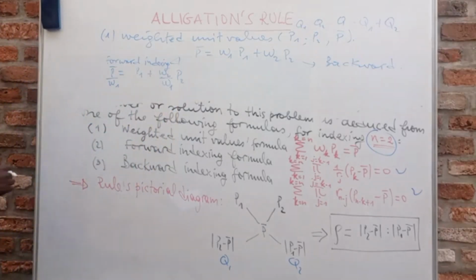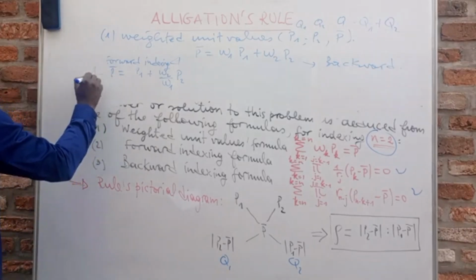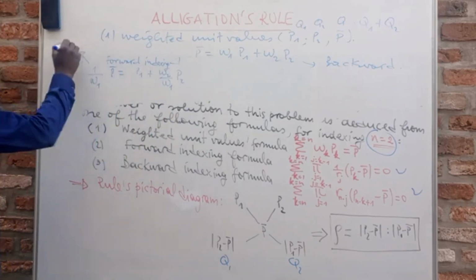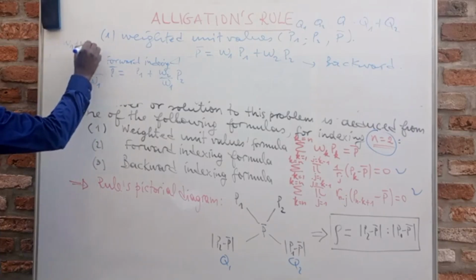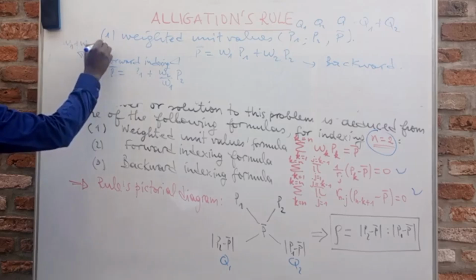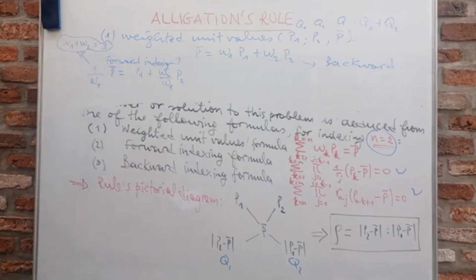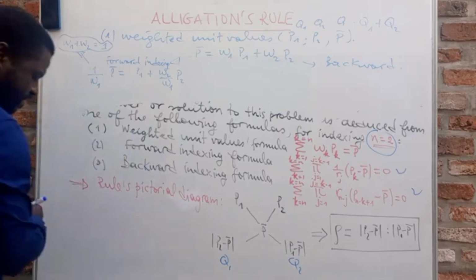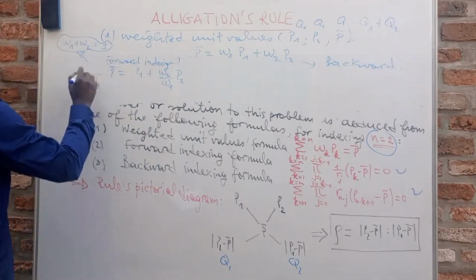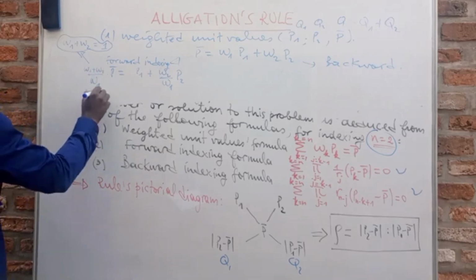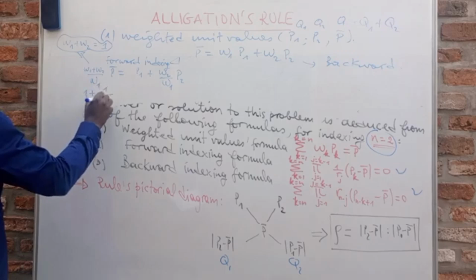Now, this one can be represented by the normalized weights, the first plus the second, which must be equal to 1. As it is equal to 1, I can substitute the value of 1 here. It becomes omega 1 plus omega 2 over omega 1, which can be written as 1 plus omega 2 over omega 1.